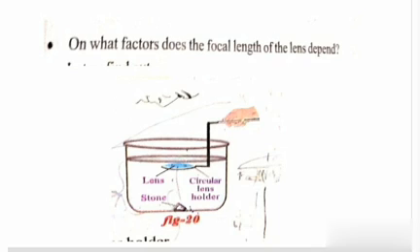Take the same lens that was used in activity 2. Note the average focal length of the lens that was calculated in the activity.